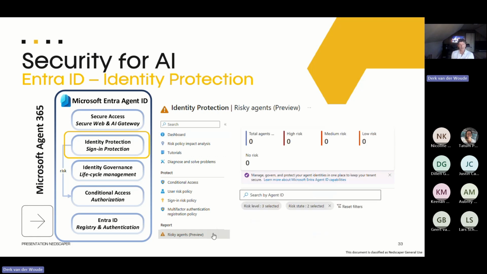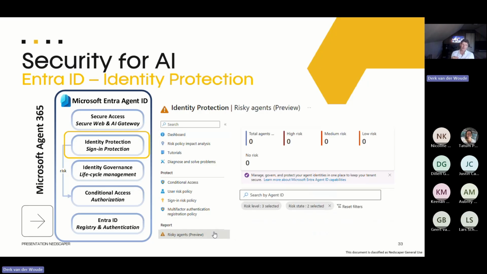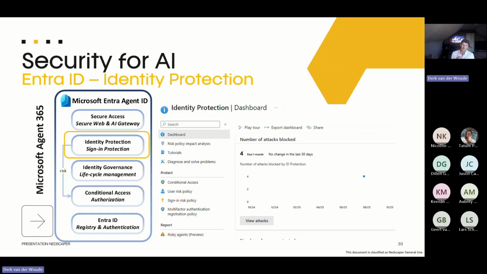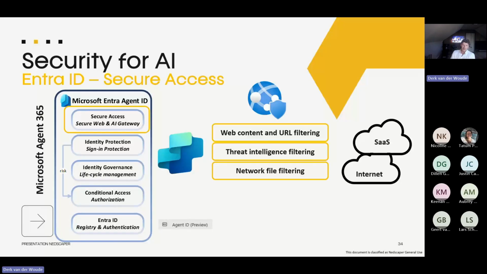For Identity Protection, if there's a risk, it's of course visible in the portal, but with the risk, your conditional access will block access to the agent from external. Secure Access will protect the agents with web content filtering, URL filtering, threat intelligence filtering, and network file filtering, for agents connecting to SaaS or the internet.